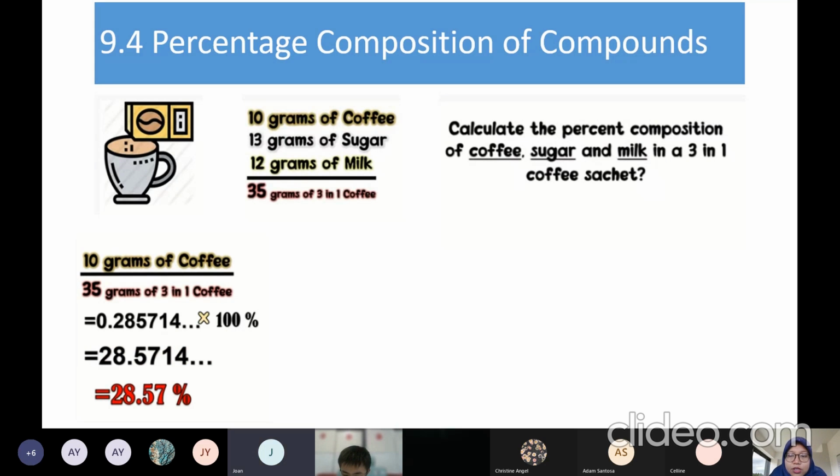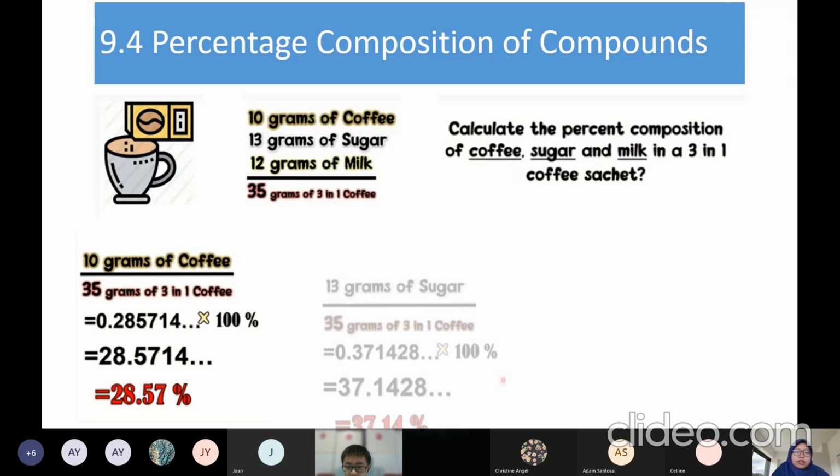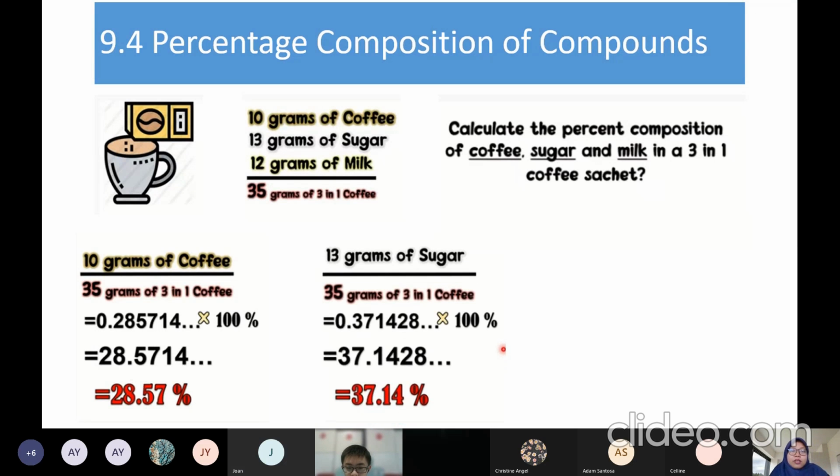And how about sugar? 13 over 35 times 100%. Okay, what's your name? Joanne, Miss. Okay, Joanne, good for your response. And how about milk? 12 over 35 times 100%.